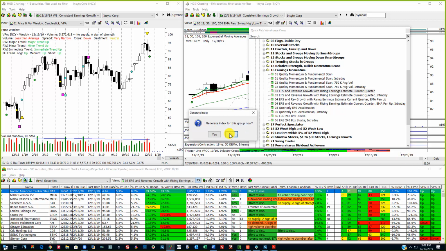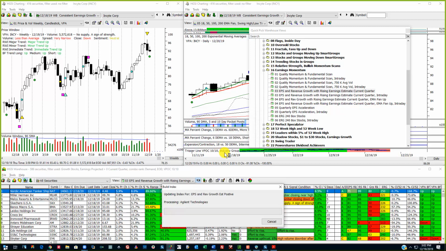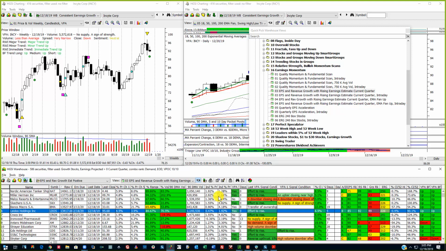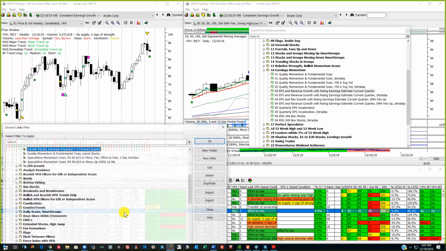I don't need an index. Well, let's go ahead and generate the index. So one thing about HGSI, you can generate an index, and what it's going to do is show you the index of all the stocks in this group. Looks like my computer's a little bit slow today. And after all that, let's see if I can find that index.